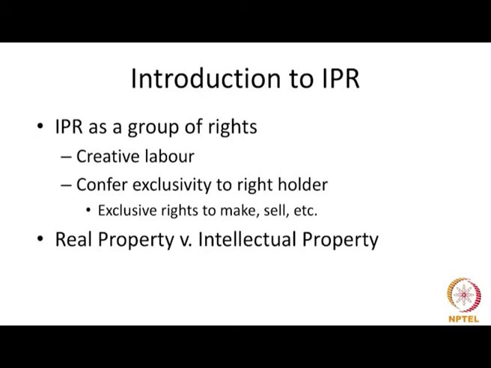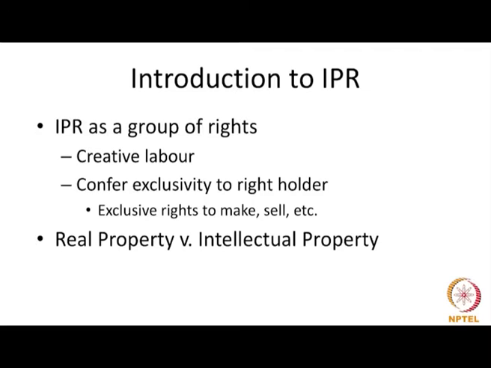If the creative labor was a result of a person or a group of people coming up with an invention in a technological domain, then that right in the invention came to be captured by patents. If the right pertained to an artistic or a literary work which was largely expressed in some medium, then that right could be captured by a copyright.